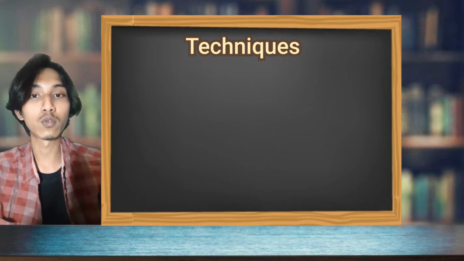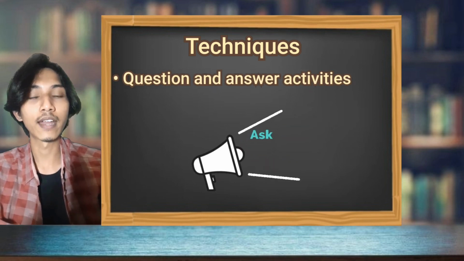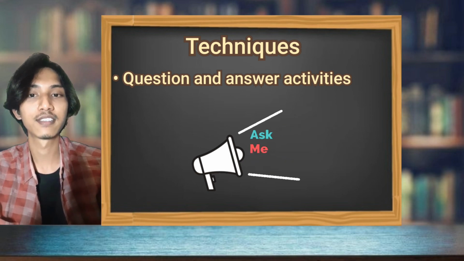To make this process more effective, various techniques and procedures are used, including question and answer activities. Students practice new words and grammar rules by asking and responding to questions in full sentences.